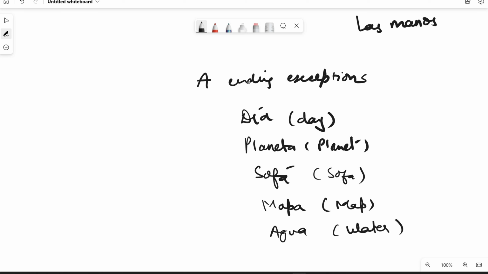Now, these are the nouns that end in A, but they're not feminine, they're masculine. So if I wanted to say the day, el día, the planet, el planeta, el sofá, el mapa, el agua.